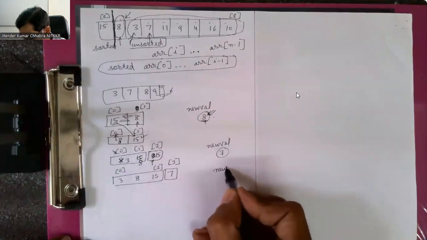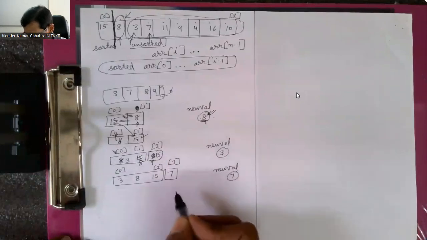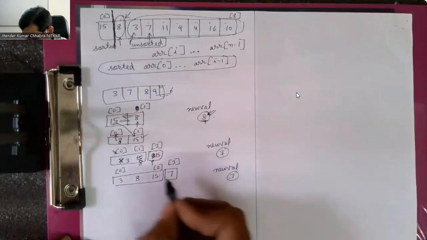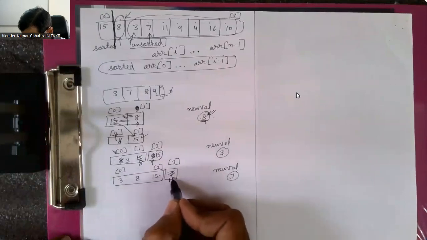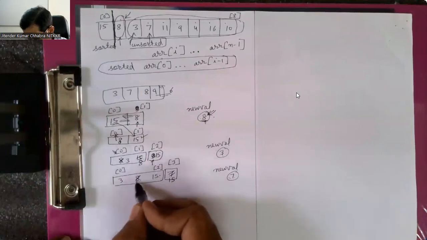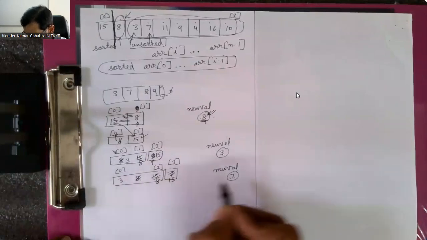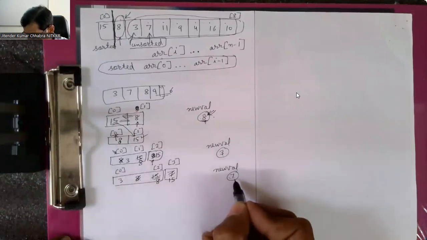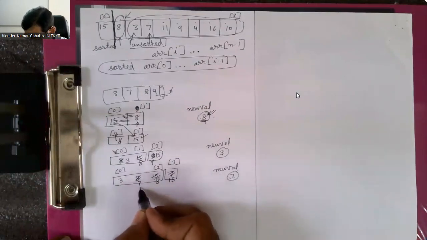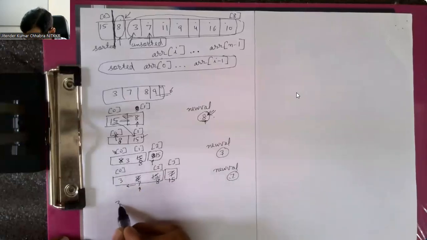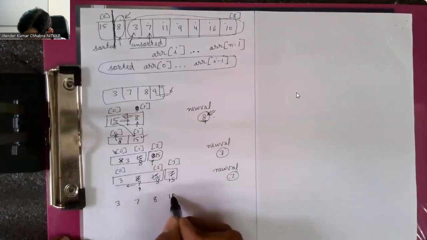New val variable taken, 7. 7 versus 15 comparison. 15 needs a shifting. 15 is copied to the next position. 8, 7 comparison. 8 needs shifting. 8 comes here. 7 versus 3. 3 is obviously smaller, so 7 has found its place. As soon as you find its place, I need not go further. So I get 3, 7, 8, 15.